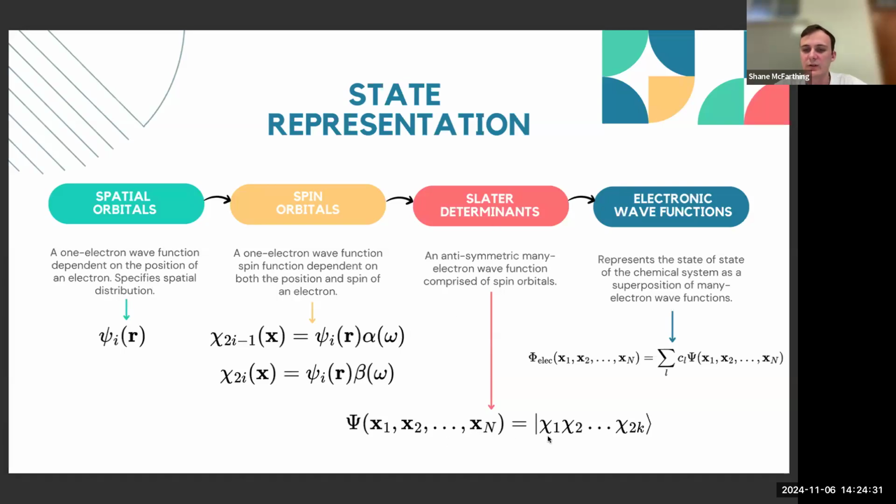And these Slater determinants are then used to construct our full electronic wave function, which we define as simply a superposition of these different Slater determinants. And what we're essentially saying is that each Slater determinant, which represents a specific state of the system, can exist in a superposition of these states. And this makes sense because of the fact that the electrons move around and have wave-like behavior.